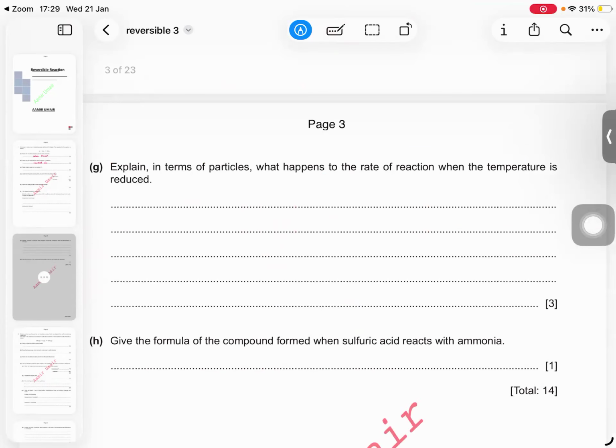Explain in terms of particles what happens to the rate of reaction when the temperature is reduced. 30 seconds. Keep in mind, there are 3 marks. You have to justify 3 marks.